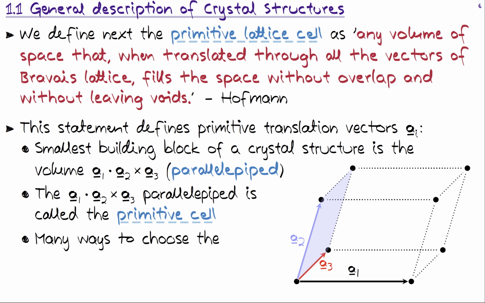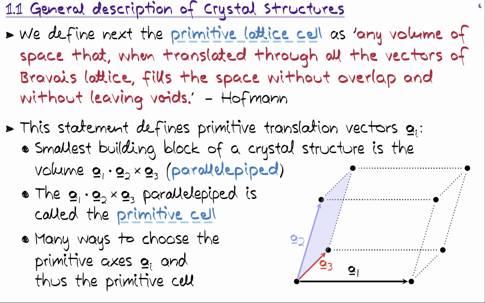There are many ways to choose the primitive axes, and this is where complications arise. And this means that there are also many ways to choose the primitive cells. So we can draw slightly different primitive cells, and they can still be used as a tessellation of space. So that's a fancy mathematical word, which just means that we can fill space entirely without leaving any overlap and without leaving any voids.